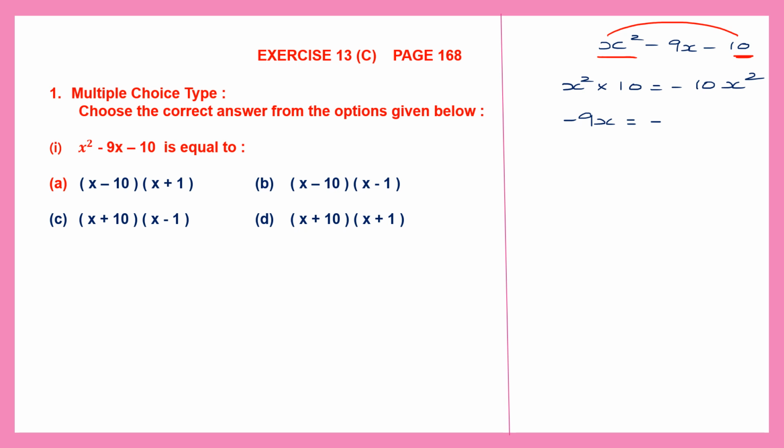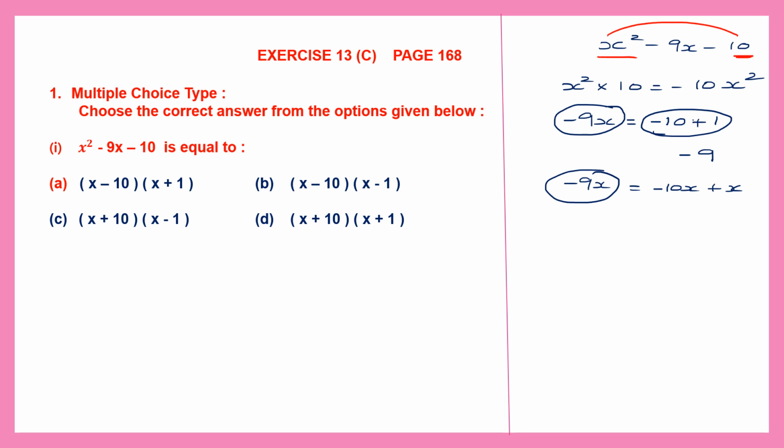Now suppose I say minus 10 plus 1. If I do these two numbers, minus 10 plus 1, I will get minus 9. So I can split minus 9x into minus 10x plus x. So what will I get? I will get minus 9x.